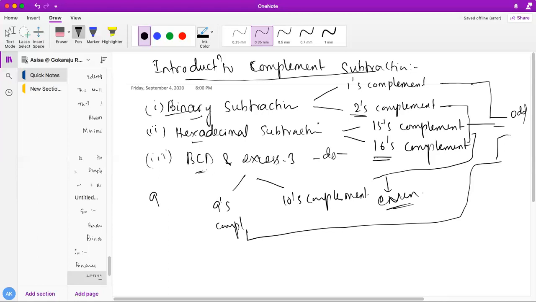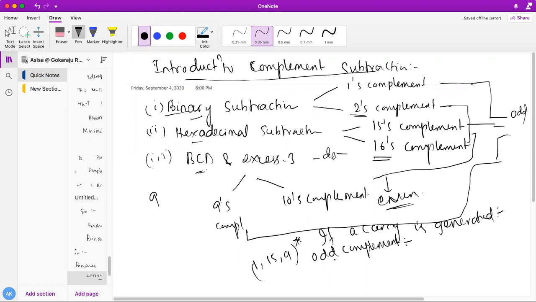So all the procedures are quite similar, students. Don't be confused. I'll give you an example over here. In every process, what is the main difference in procedure? The main difference is if a carry is generated. While using subtraction in odd complement techniques, what are the odd complement techniques, students? 1s, 15s and 9s.